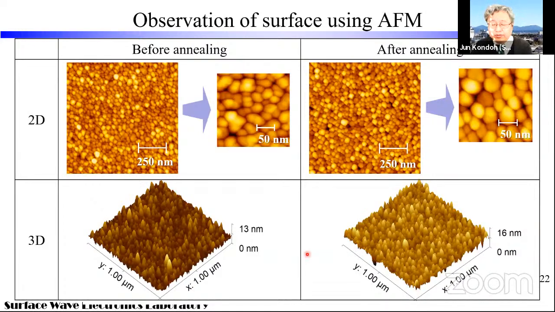Actually, we cannot control the structure of the particle during the annealing. So this part is not a hemisphere, but some part has another structure. So the structure is not uniform. Of course, this structure is dependent on the LSPR characteristics.